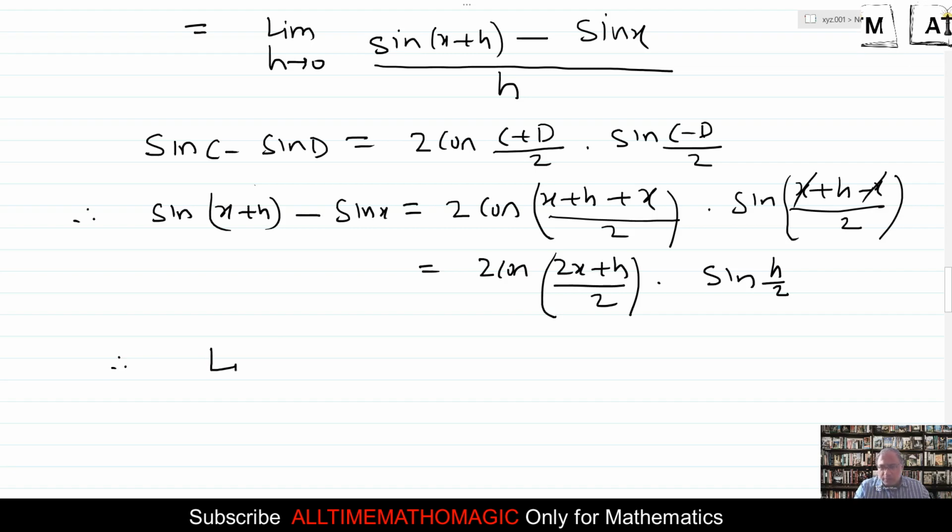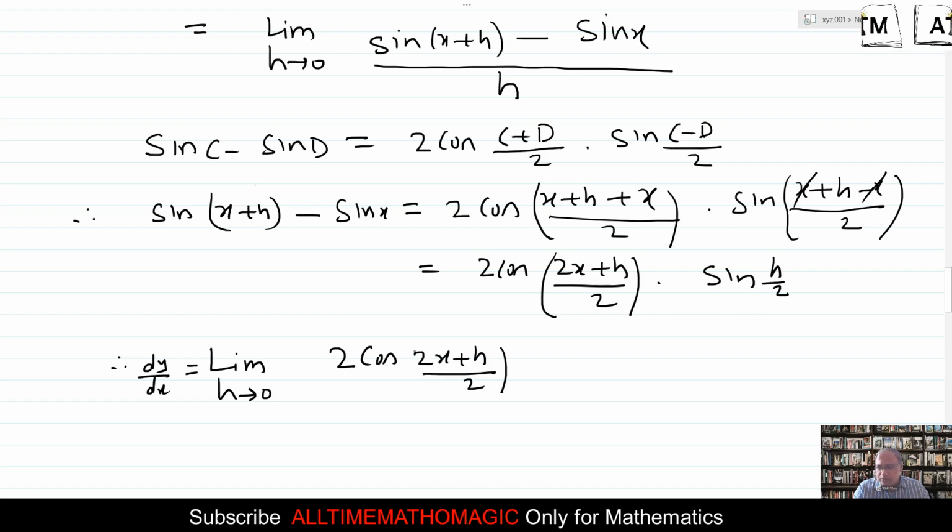Therefore dy by dx equals limit h tending to 0. Now put the value of sin(x plus h) minus sin x, that is 2 cos of (2x plus h) by 2 times sin h by 2, divided by h.